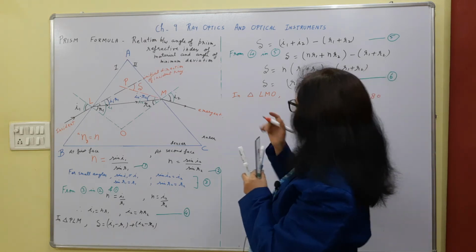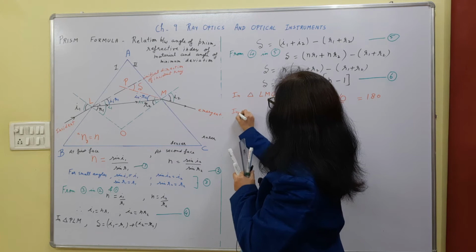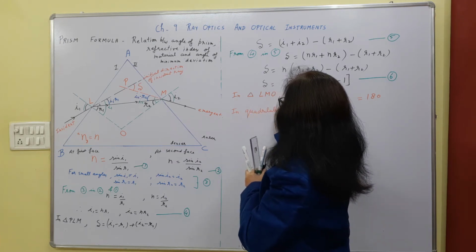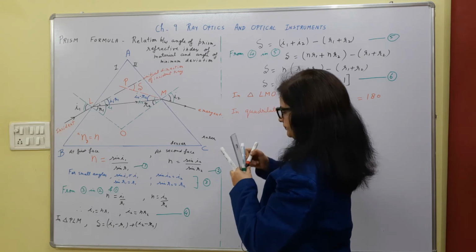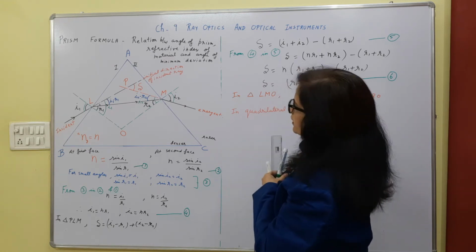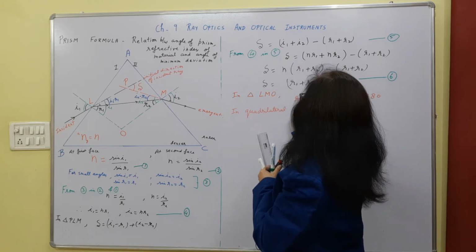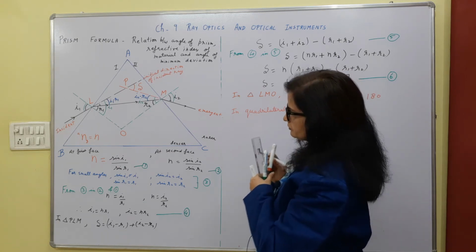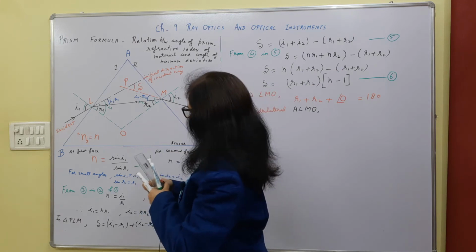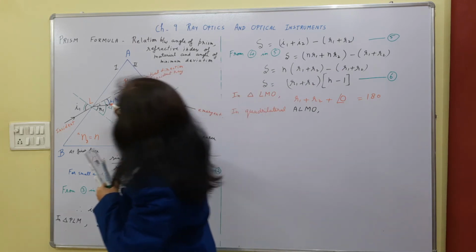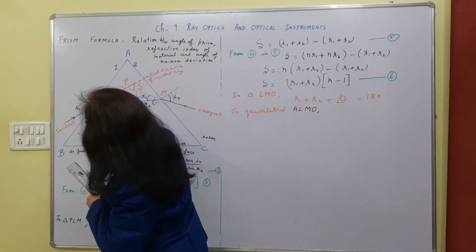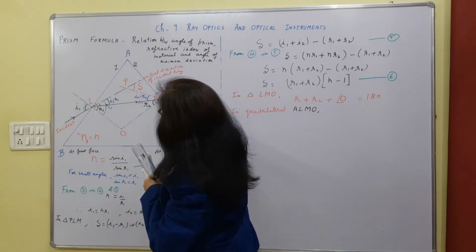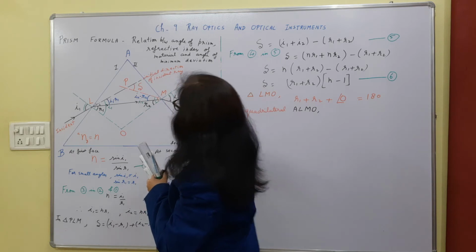One more thing, in quadrilateral ALMO, we know that here this is normal, so this angle will be 90, and this is also normal, so this angle will also be 90.